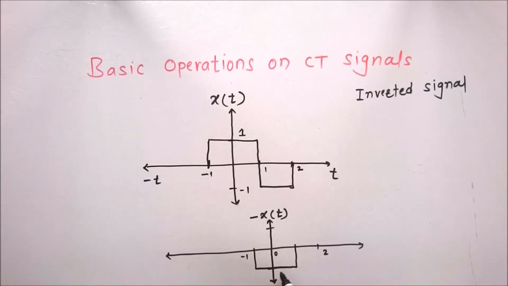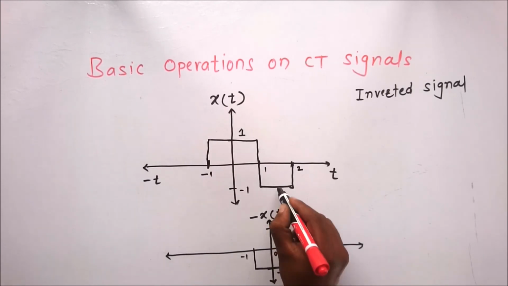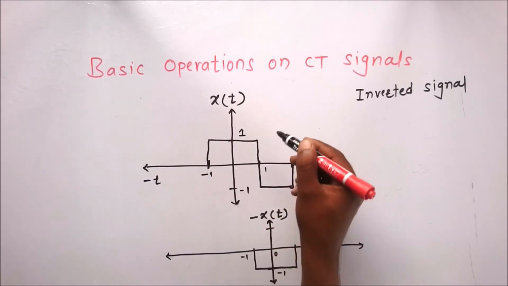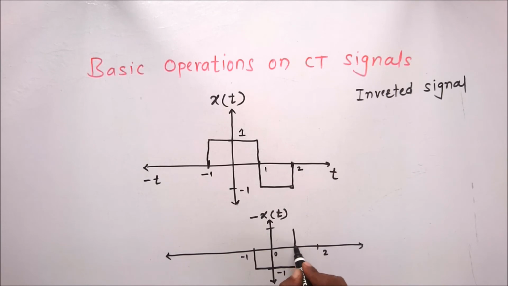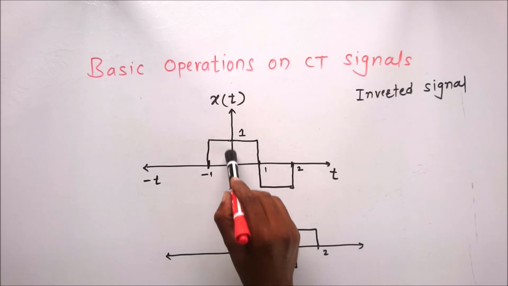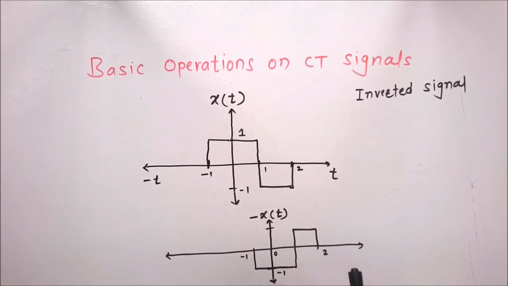This plus value will go to the minus, and this minus amplitude will shift to the plus. This is the resultant. In time reversal operation, the signal is rotating about the y-axis, and in inverted signal the given x of t is rotating about the x-axis.